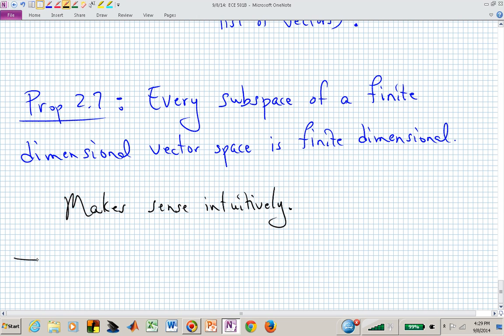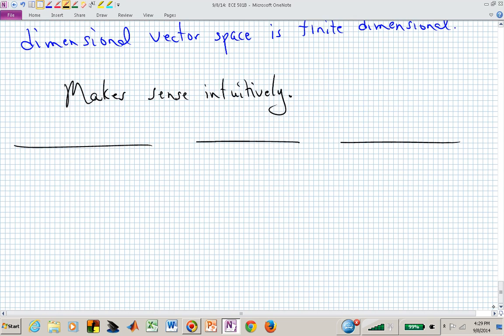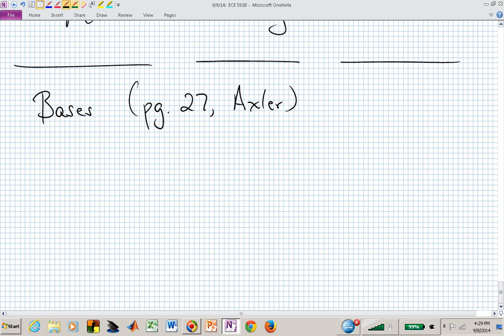That now allows us to be talking about concepts that allow us to sort of describe or cover a vector space, and those are these basis vectors. So let's now talk about bases, which is getting us up a couple of pages beyond the linear dependence lemma. Here's what we mean by a basis.